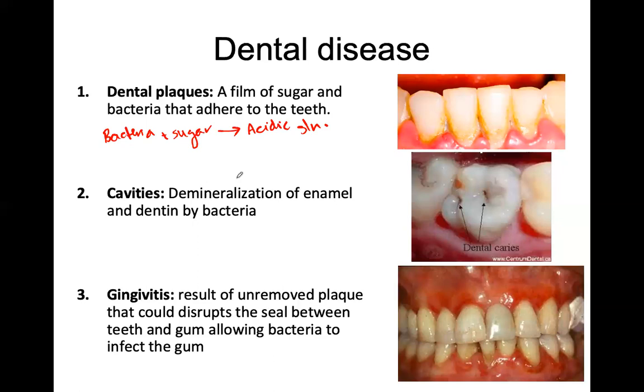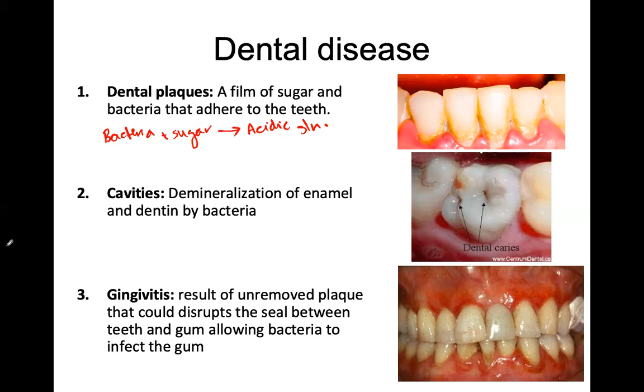Now, again, if you don't treat it at the level of enamel and dentin, you will eventually reach your pulp cavity where you have the nerves and blood vessels. And at that point, the individuals require a procedure that's referred to as the root canal, where they need to go in and remove the blood vessels and nerves and replace them with inert material as well as antibiotic, and then cover your tooth with a fake or man-made crown, I guess I should say.